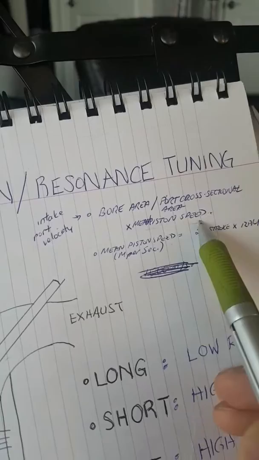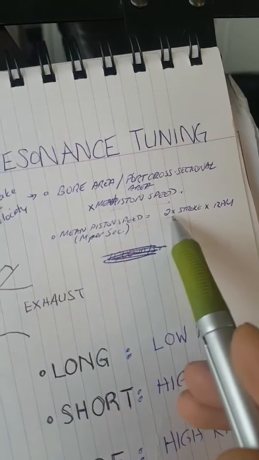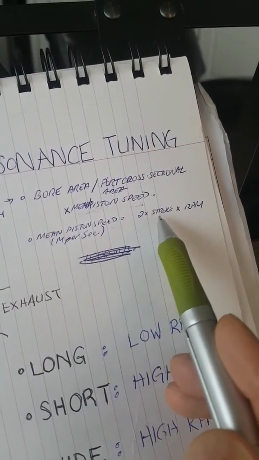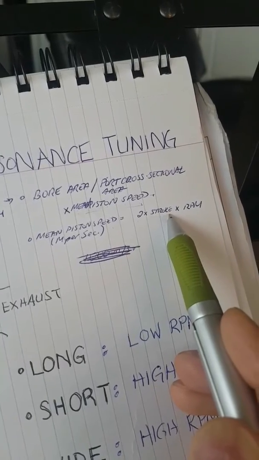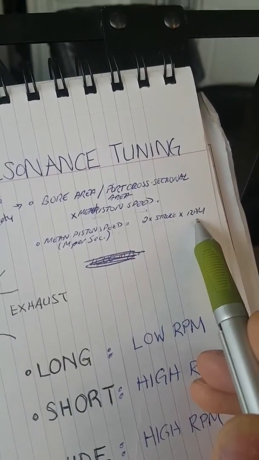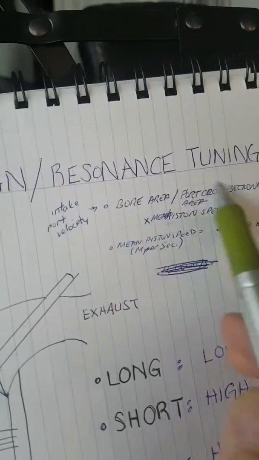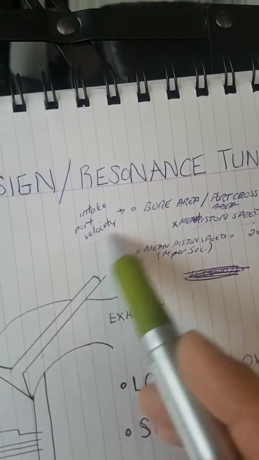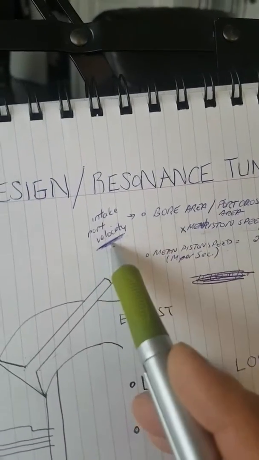But what's the mean piston speed? Mean piston speed is basically 2 multiplied by the stroke of your crankshaft multiplied by your RPM. Once you calculate all this together, you'll get the actual intake port velocity of your engine. But it's not important what it is in actuality. We just want to prove this equation and show you how you calculate intake runner length.